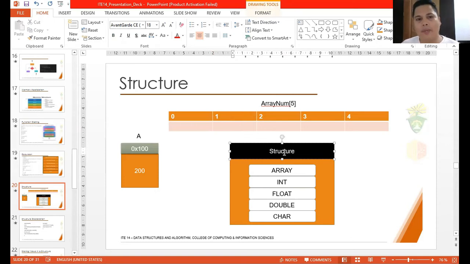Based on your OOP discussion, in the real world we don't focus on the features of the things or objects that we see in the world. Meaning in reality, our world is represented by objects. Right?